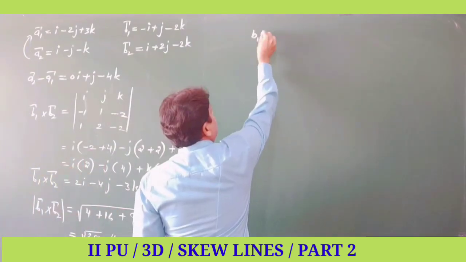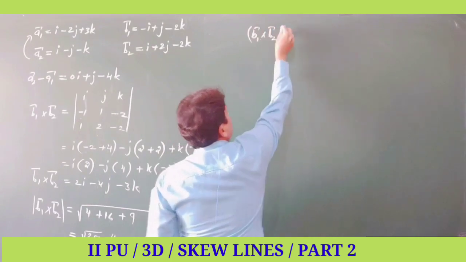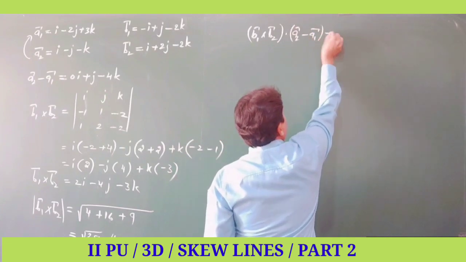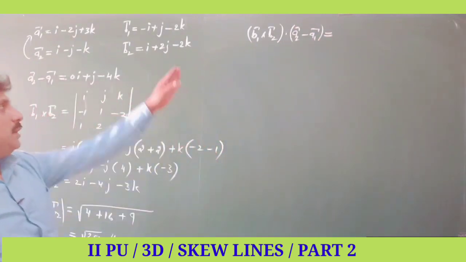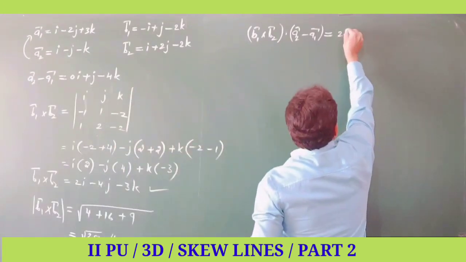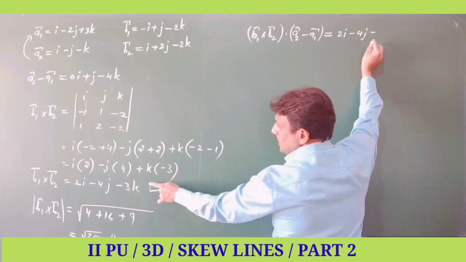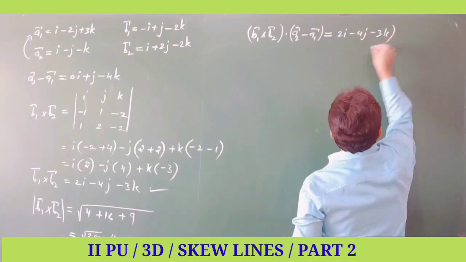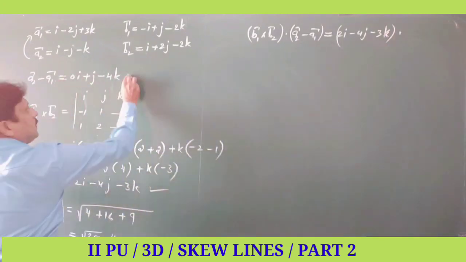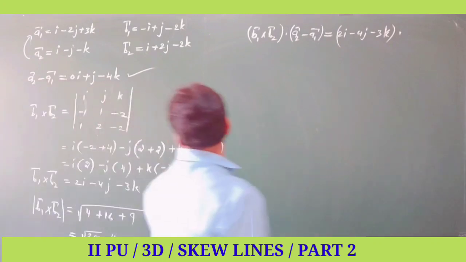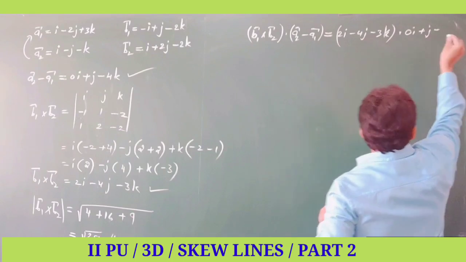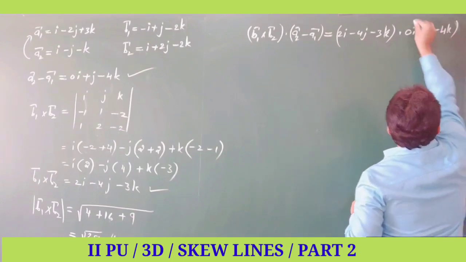b1 cross b2 dot a2 minus a1 we have to calculate. Substitute b1 cross b2 here: 2i minus 4j minus 3k dot a2 minus a1, and here substitute 0i plus j minus 4k.